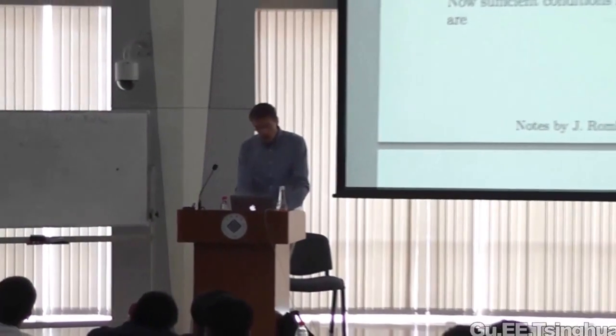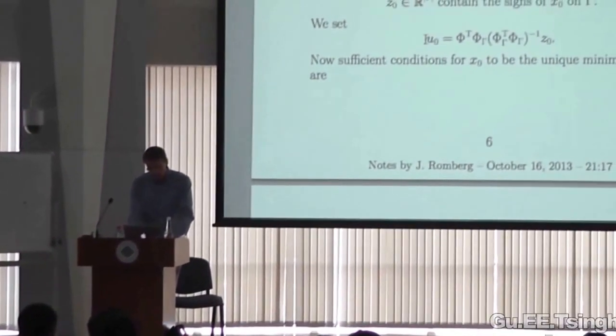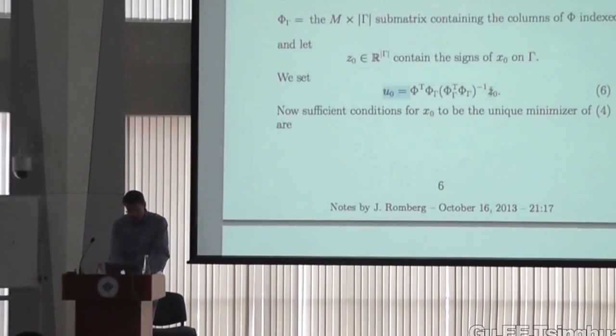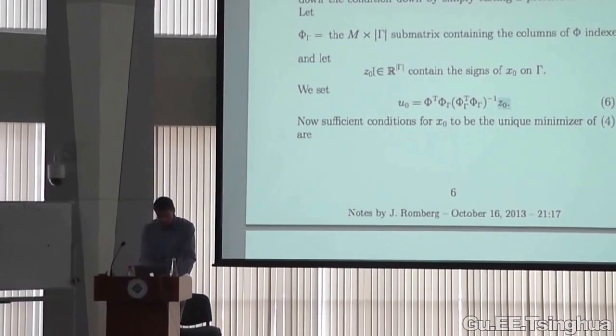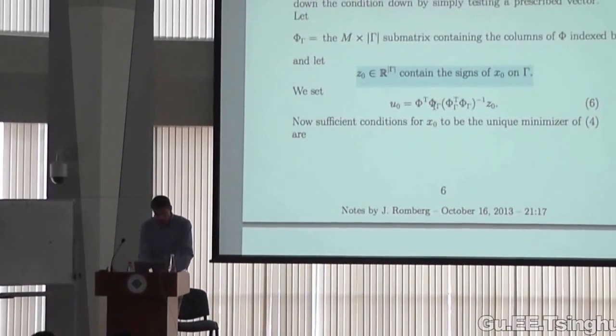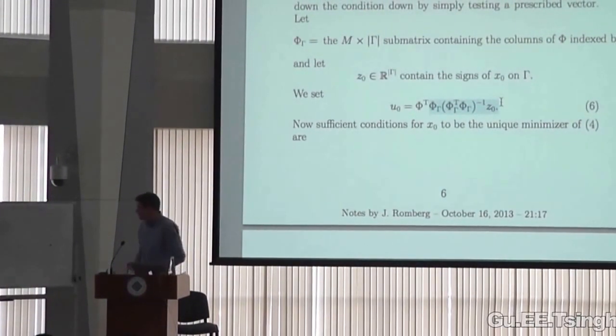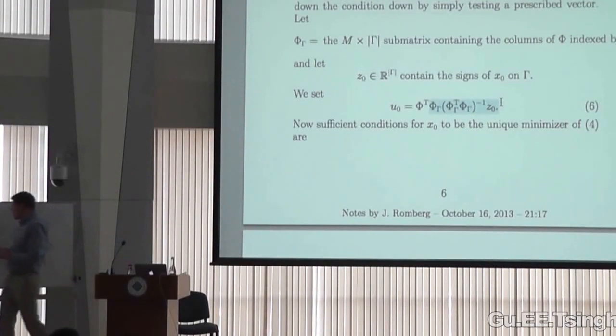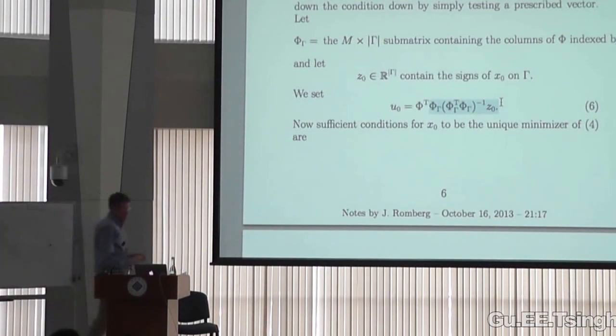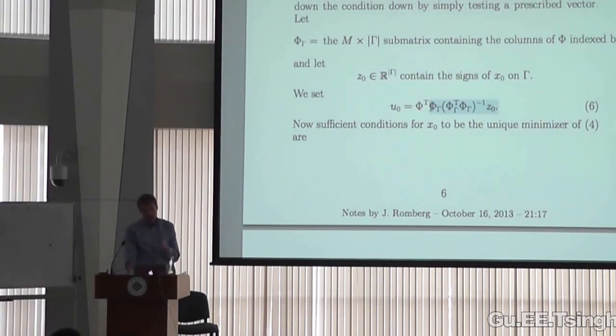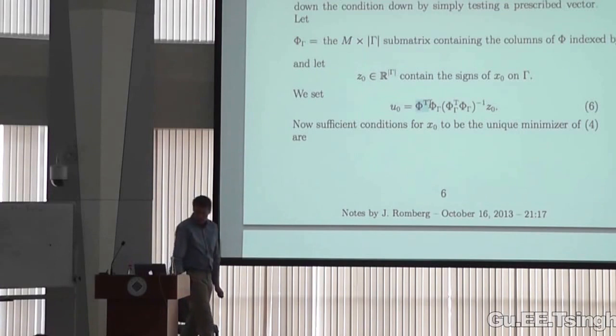So if it's full column rank, one thing I might consider is taking some u naught: I take the sign sequence of x, so z naught is the signs of x naught, and I apply the pseudo-inverse of this matrix psi gamma to the sign sequence. Then I use that as my Lagrange multipliers v, and the thing I'm going to check to see if it's in the subgradient is phi transpose times those Lagrange multipliers.